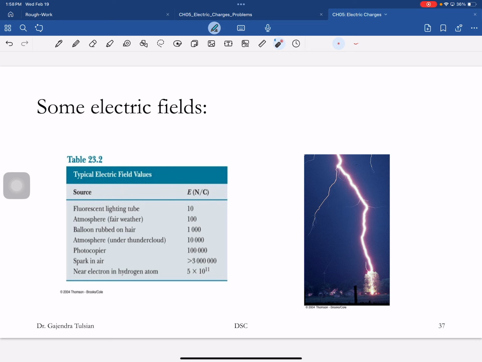So even when you just touch a doorknob and there's static? Yep, where that spark happened, the electric field strength was 3 million volt per meter. Any other place you're aware of where sparks happen? In a car, between the spark plugs. So every time you're sparking, the electric field there was 3 million volt per meter.